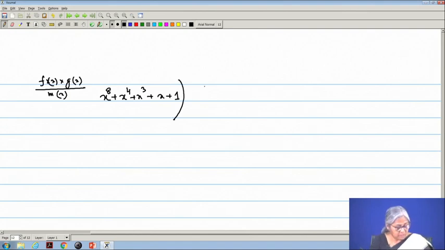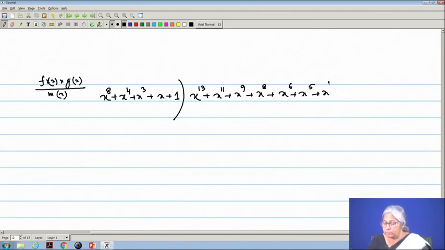Now, my product fx into gx is x to the power 13, x to the power 11, x to the power 9, x to the power 8, x to the power 6, 5, x to the power 4 plus x cube plus 1.